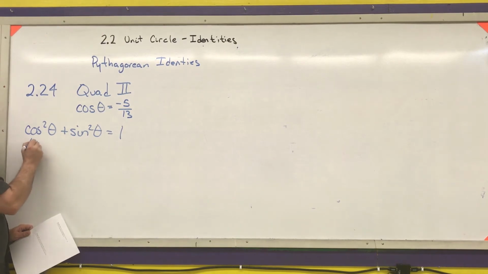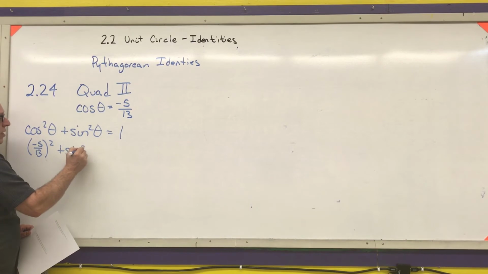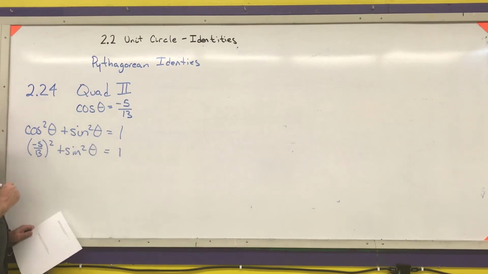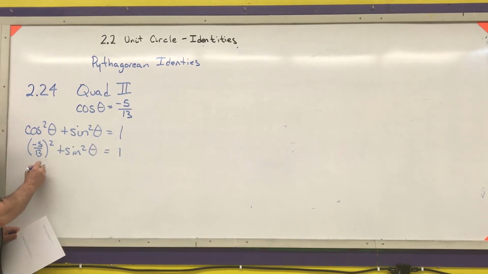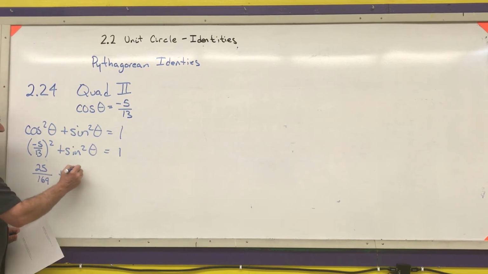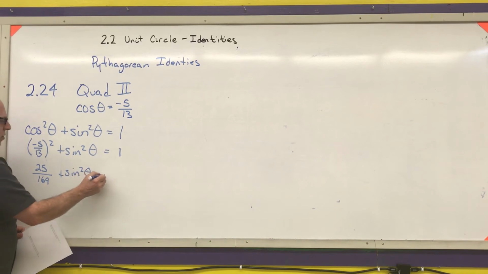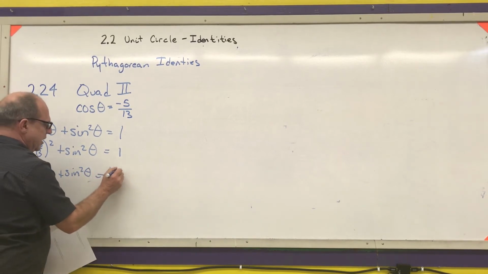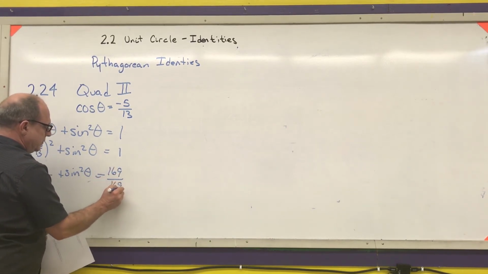So I have negative 5/13 squared plus sine squared theta equals 1, which is 25 over 169 plus sine squared theta equals 169 over 169.